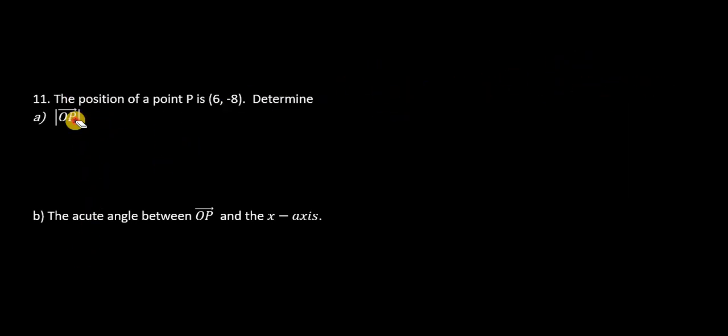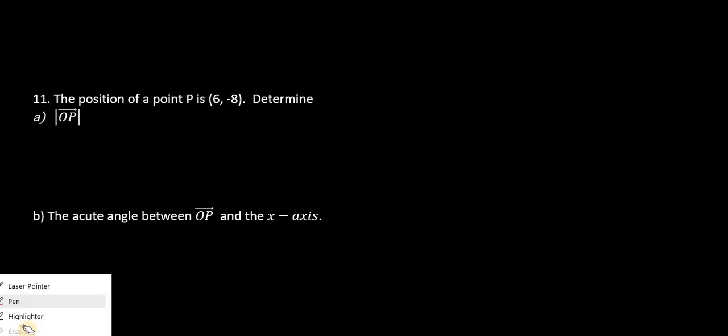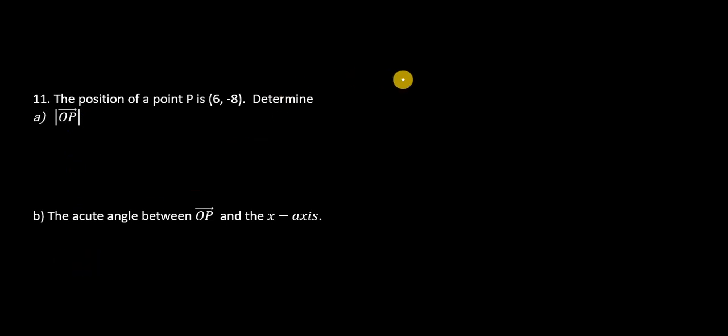So what we're going to do, we're going to start at a point here, and this is the x component and the y component, right? So vector OP has 6 for x, negative 8 for y. 6 for x, we're going to go 6 to the right.